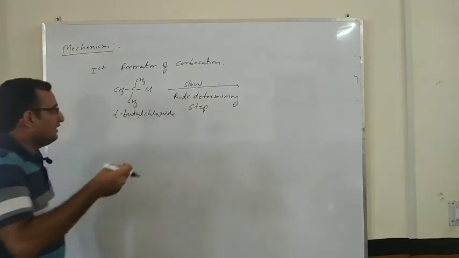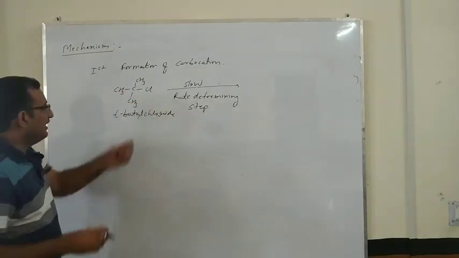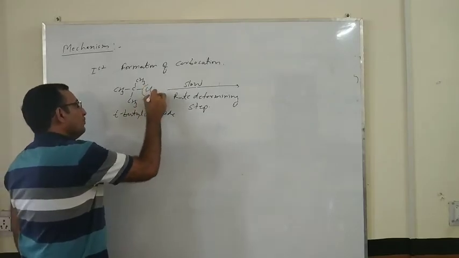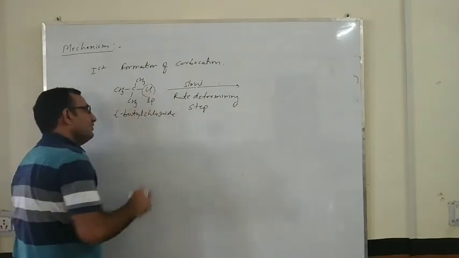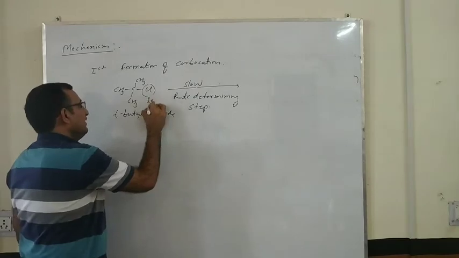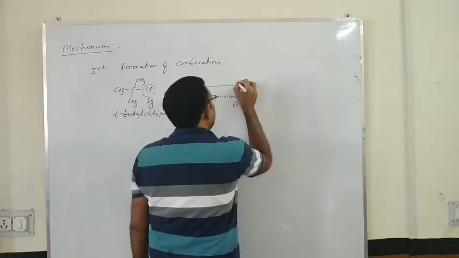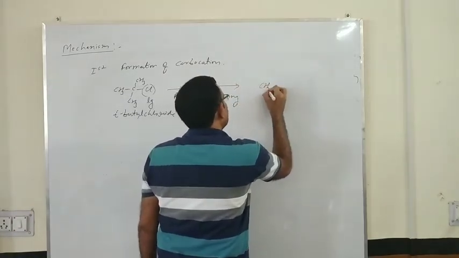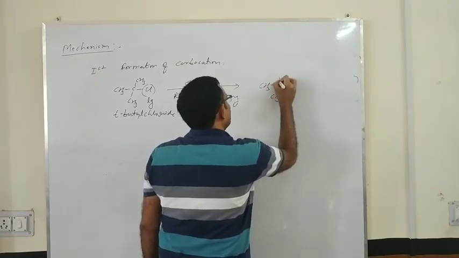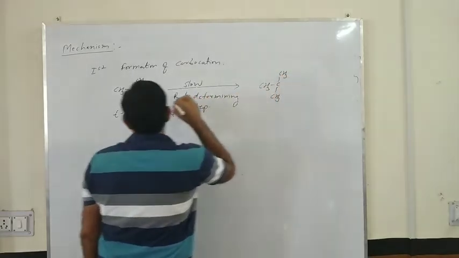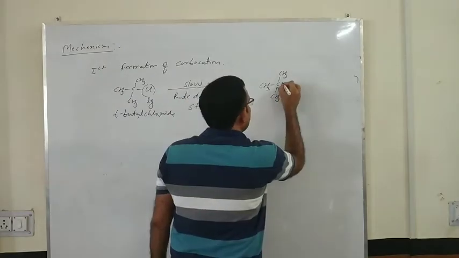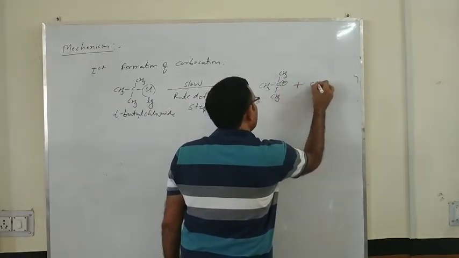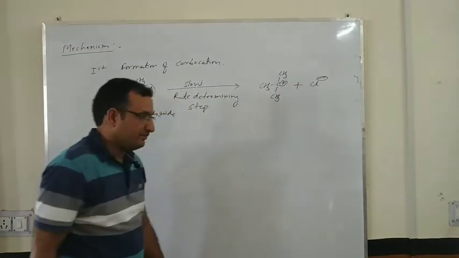As the nucleophile comes to the substrate, Cl is the leaving group, which leaves the compound, and an intermediate carbocation is formed. CH3C(CH3)2 plus Cl minus.